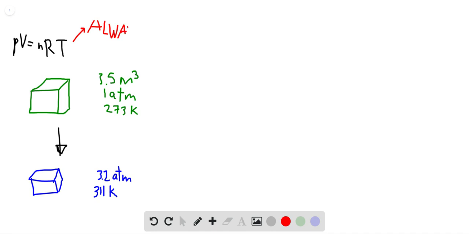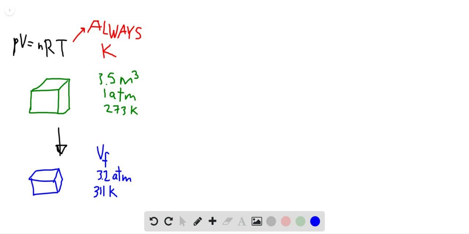Always Kelvin in this equation. And the thing we want to know is the volume in the final setting here. I will write it Vf for volume final.